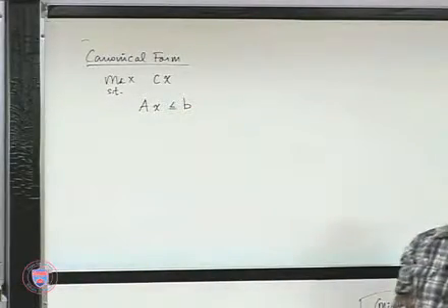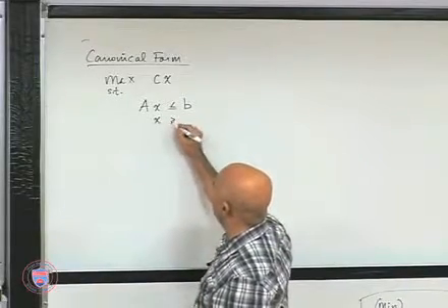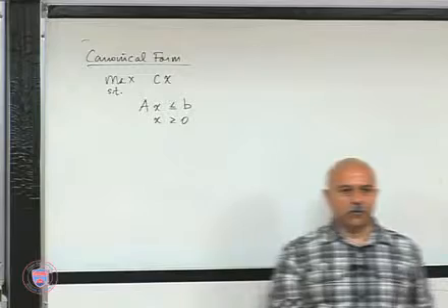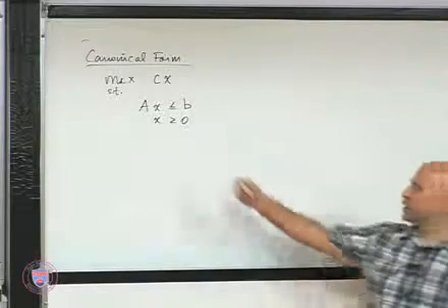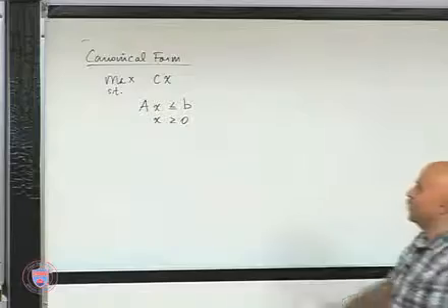This is the canonical form maximization, with x being greater than or equal to 0 in each component. So 0 is a vector of zeros here, of the appropriate, conformable size with x.